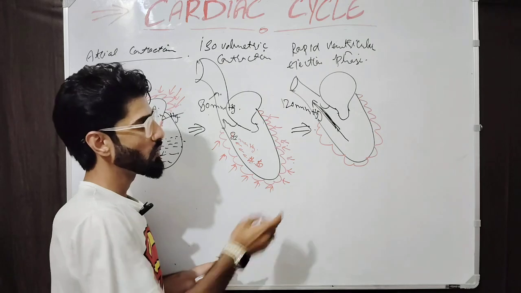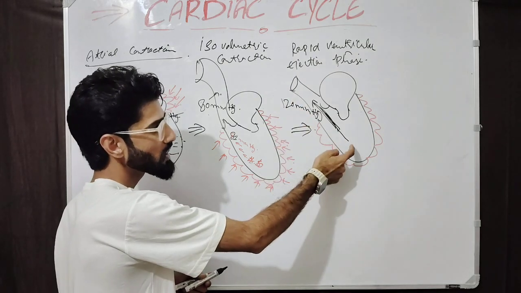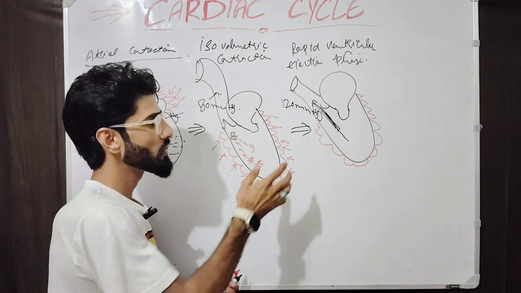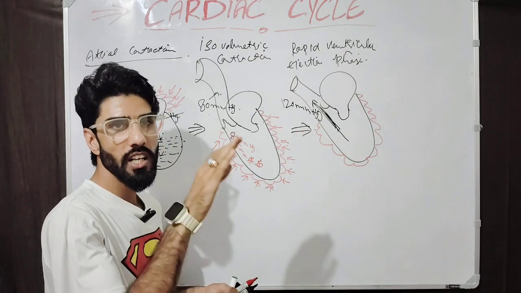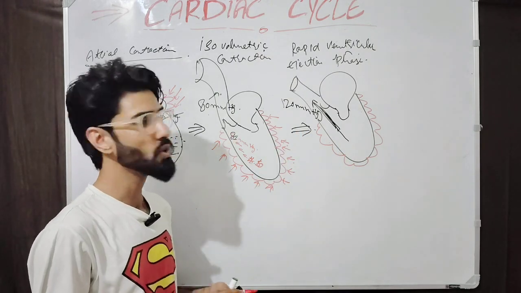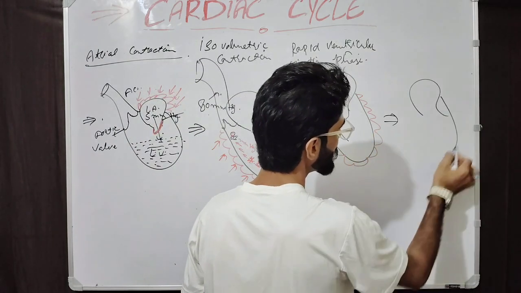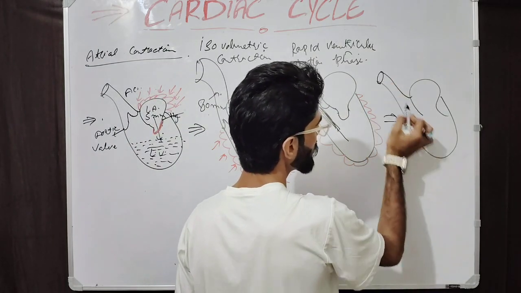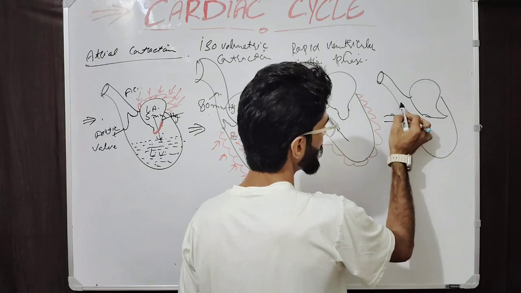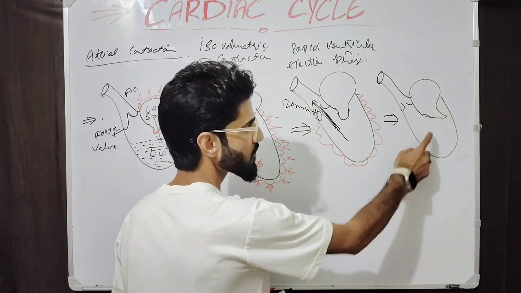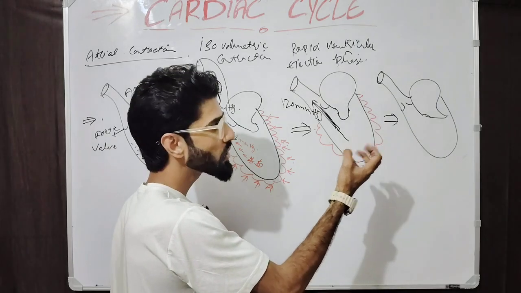When pressure transfers from the left ventricle into the aorta, the blood is ejected with less force. This is the left atrium, left ventricle, aorta, with the aortic valve open. When the pressure here reduces, blood is ejected with less force.